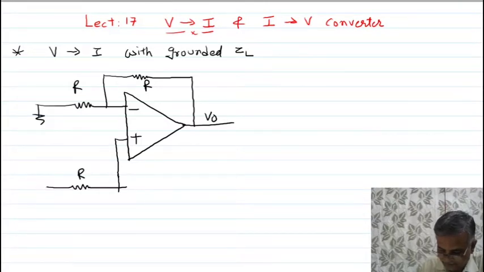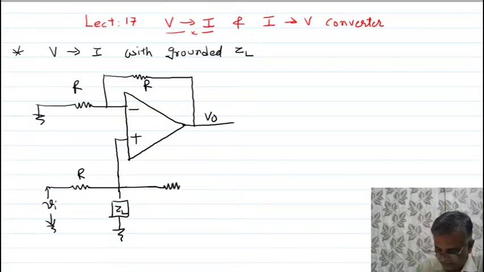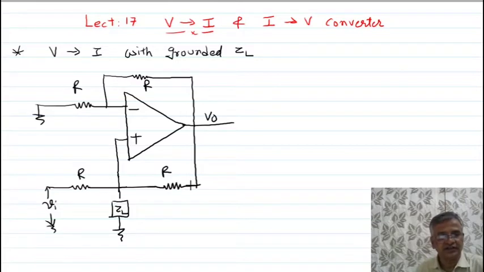Here is VI with respect to ground. Here is your ZL, and that is grounded. Here this is R, and from the output I have connected here. This is the circuit diagram of a voltage to current converter with grounded load.